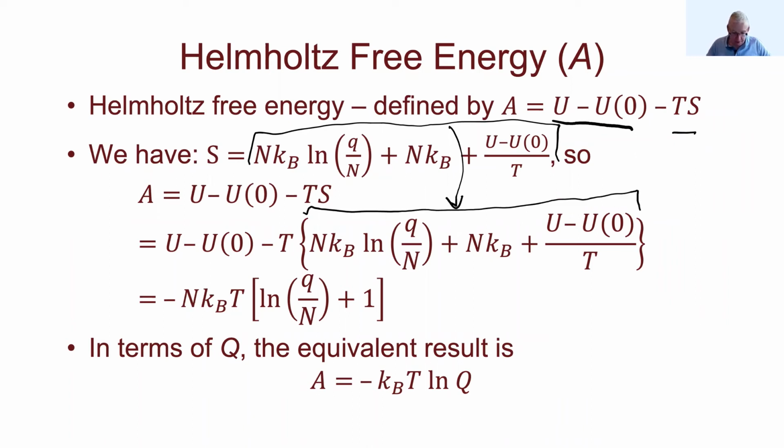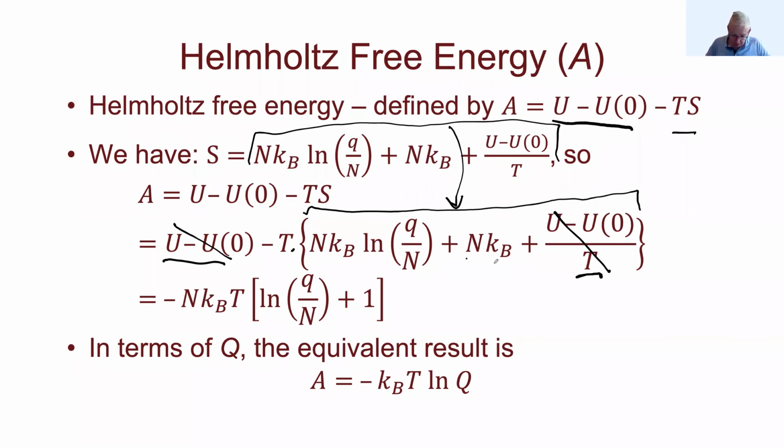That is my entropy piece. When I do that, I see right away that I have a U minus U0 out here. Here I have U minus U0 over T, but that's inside where it's being multiplied by T. So this term and that term out there will in fact cancel one another.